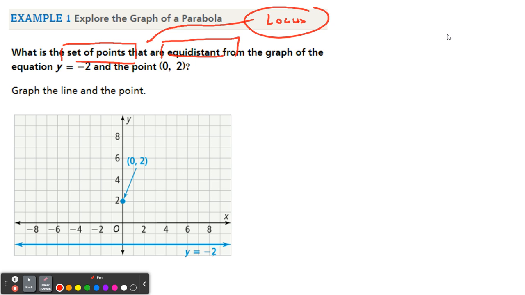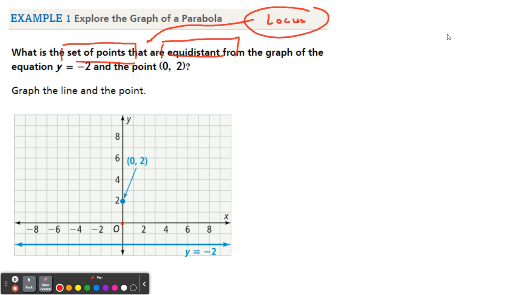So we take a look here. Here's the line y equals -2, and here's this point (0, 2). So we're looking for all points that are equidistant. First of all, I know (0, 0) is going to be equidistant from those two. (0, 0) is 2 down from this point and 2 up from this line. So there's a point. Next, if I go up to the level of this point and go over to the right, I can go over 4, because this point is 4 above the line.